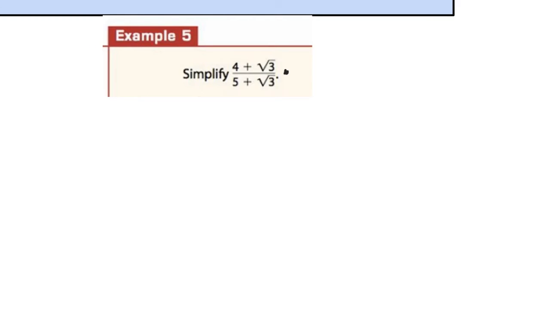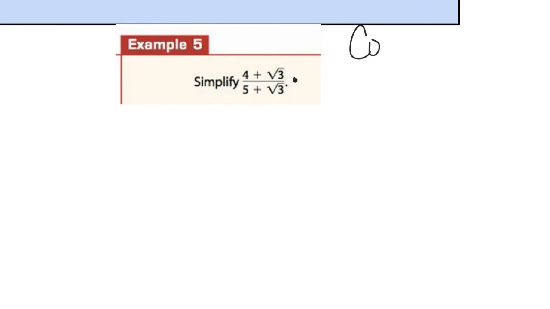Conjugate is a fancy word. I'll spell it out over here. C-O-N-J-U-G-A-T-E. The conjugate. What that means is kind of like the opposite. So when we multiply by the conjugate, it will become the difference of squares, and it will eradicate the radical, get rid of the radical in the denominator.